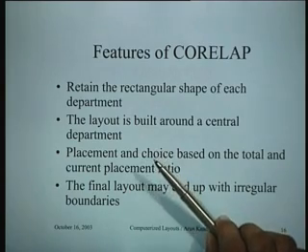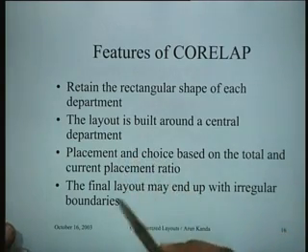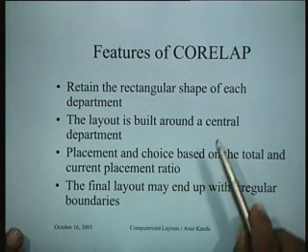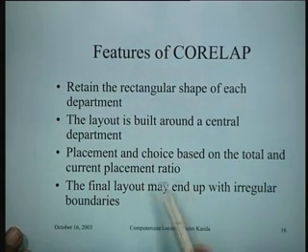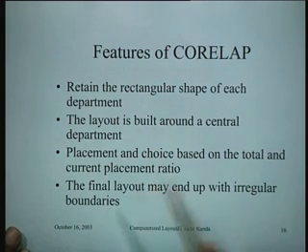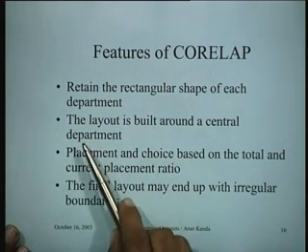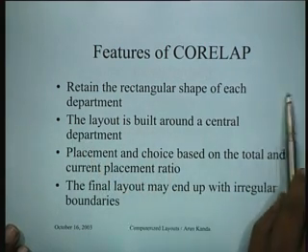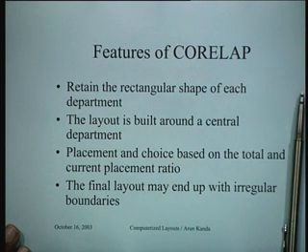And then you pick up a department, based on what is called the total closeness rating, the total placement ratio or the current placement ratio, which means essentially that the department is placed centrally first, and then around that you build other departments.